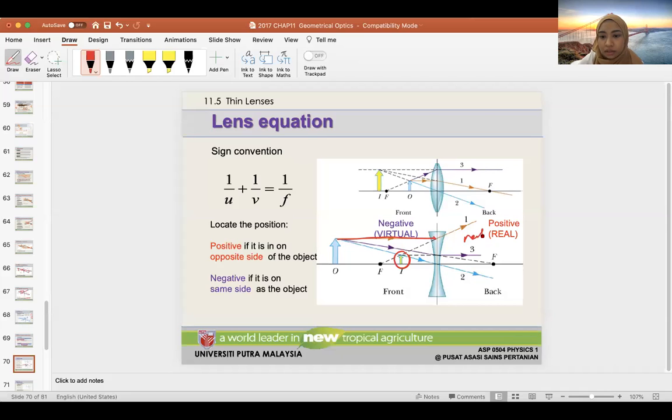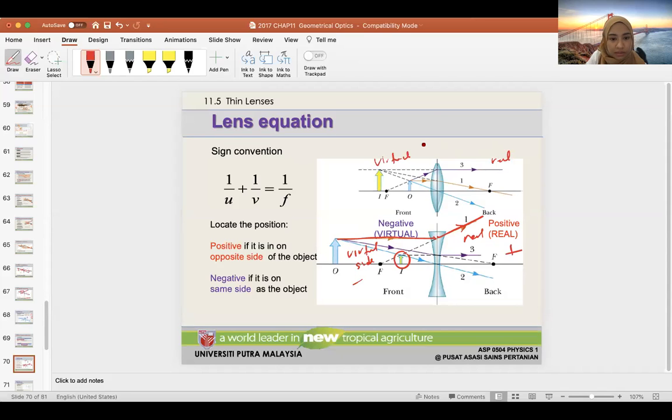So this is where your real is, because we expect the light to go on the other side. So this guy becomes the virtual side. This guy becomes negative. This guy becomes positive. And this one is the same. Real, virtual. It's the same.